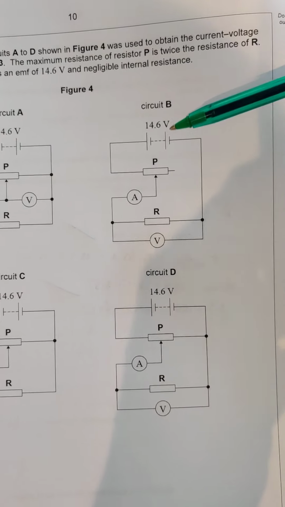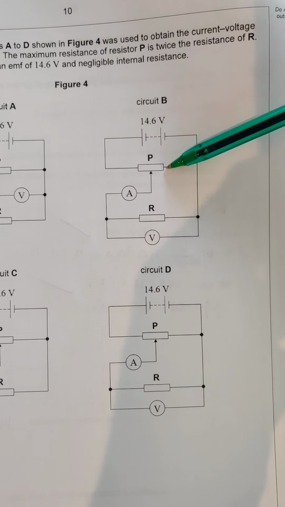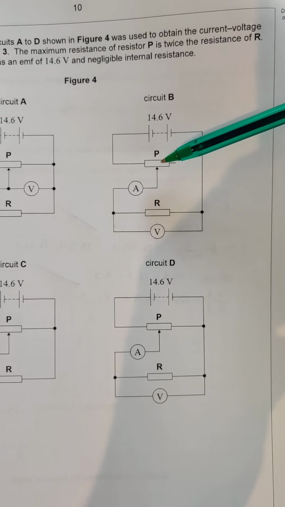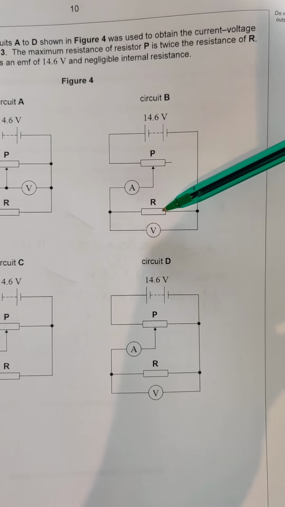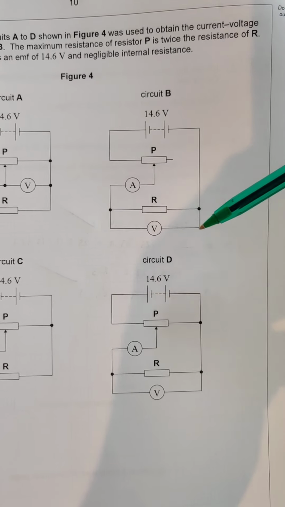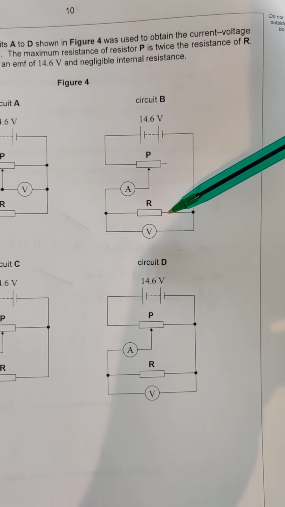Whereas because this is in series with this one, even if I make this, let's say I make this the maximum possible value so that it has twice the resistance of R, when that's the case, the lowest value of voltage that I can get here, we're dividing it up into three parts.